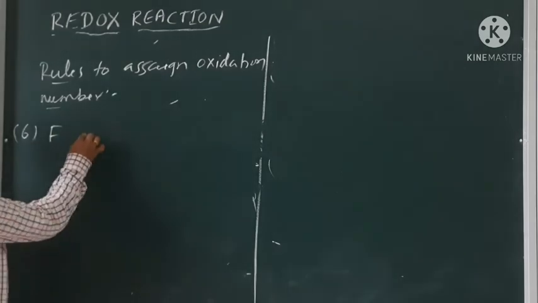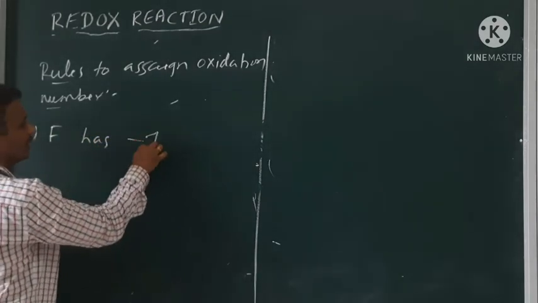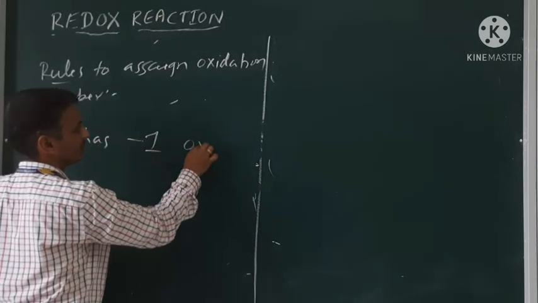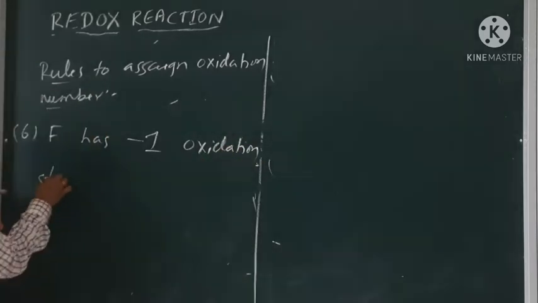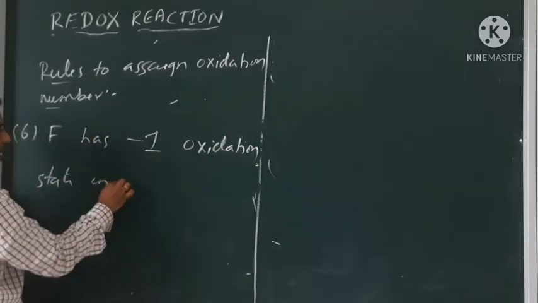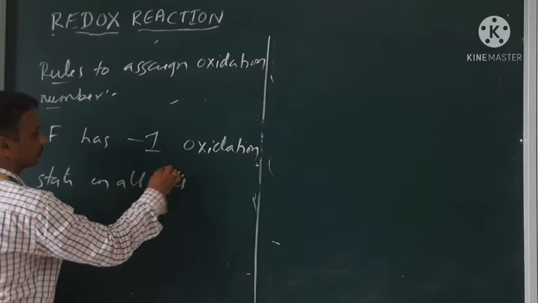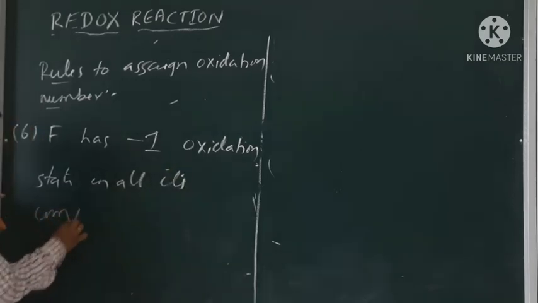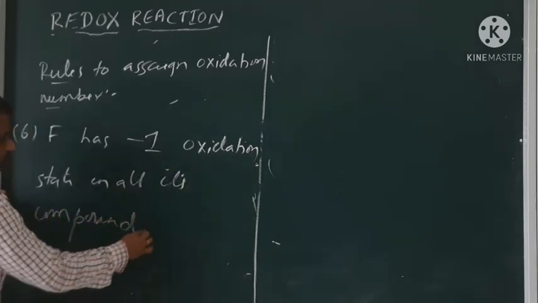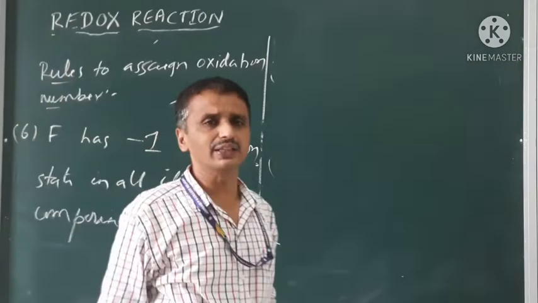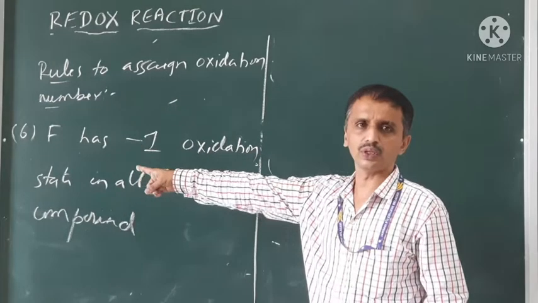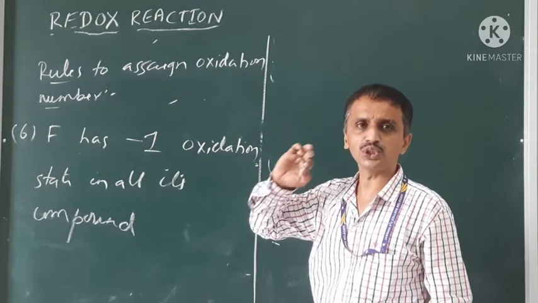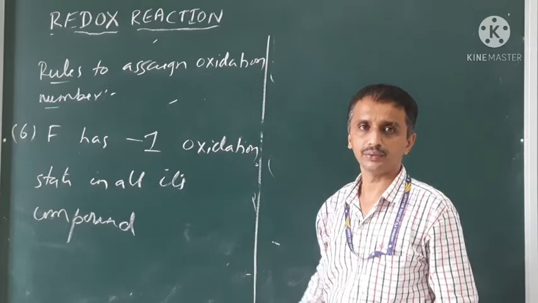Fluorine has minus 1 oxidation state in all its compounds, because let it bond with any other 117 elements in the periodic table, electrons should move to the fluorine only, because fluorine is the most electronegative element.